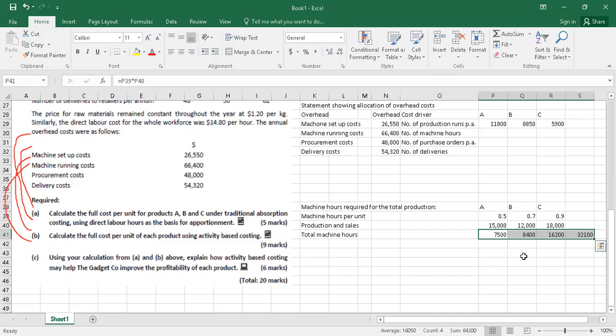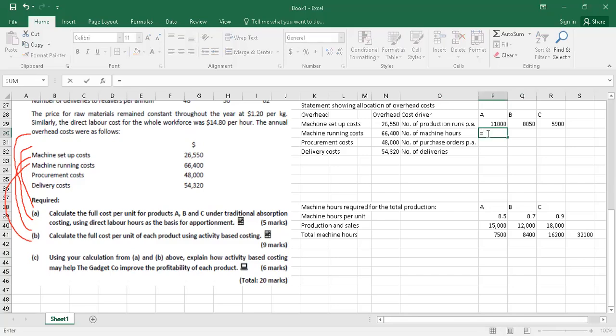Now the number of machine hours we have as 7,500, 8,400 and so on. We will take this as the basis and allocate the overhead cost. The total number of hours is 32,100.